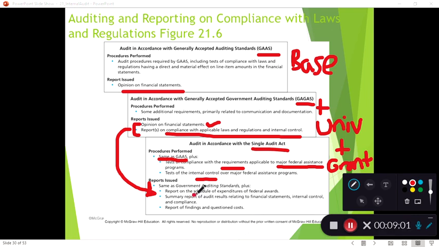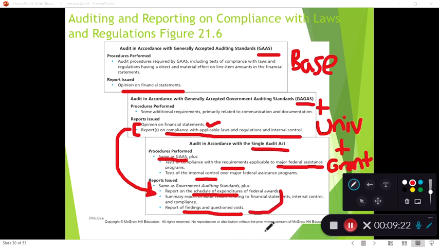You have to have the schedule of expenditures of the awards, and then a summary report related to the financial statements, internal control, compliance, and then another report related to findings and costs, the costs that are related to these awards.